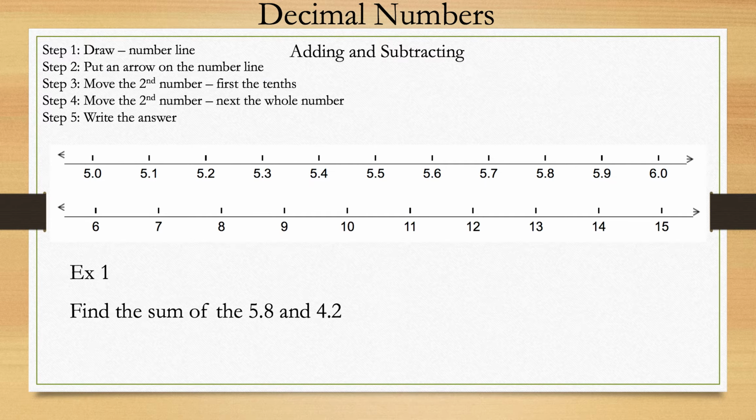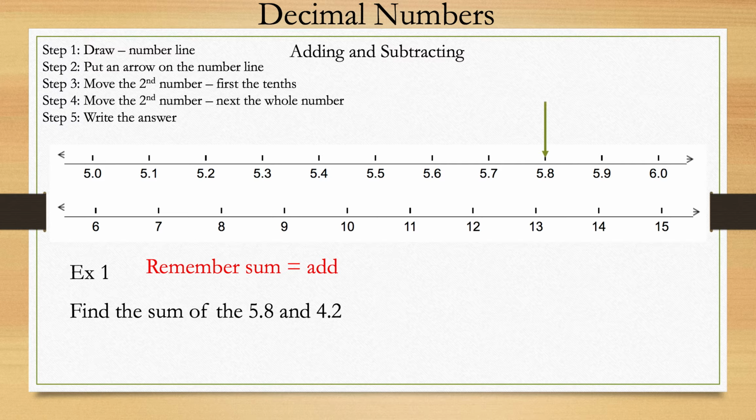Now let's take a look if we have another number in front of the decimal besides 0. So, once again, it's still the same process. We're going to pick a number on the number line, and then we're going to use the second number, first the tenths, and then the whole number, and then lastly write out the answer. So, let's follow. We've already done step 1. Step 2 is put the number on the number line, and remember, sum is equal to add.